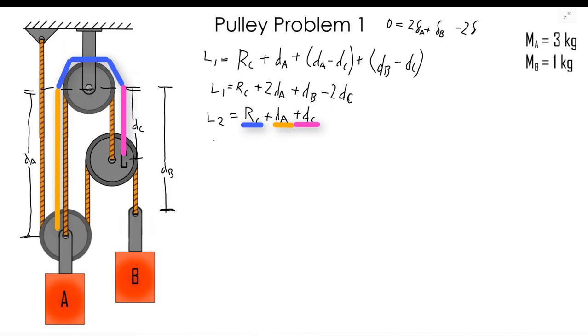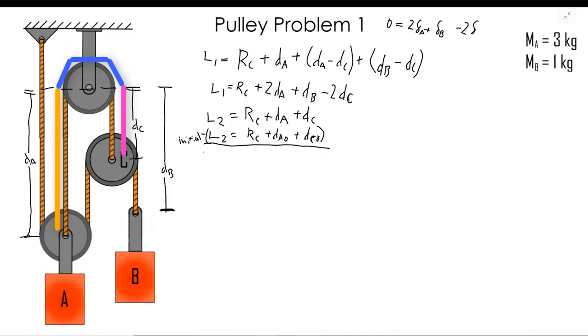Okay, so if we do the whole initial thing again, we have L2, that's the same: RC plus dA naught plus dC naught. That's a C. Anyways, if we subtract our equations, we'll simplify it and we'll get another delta equation, and then we'll combine those two.